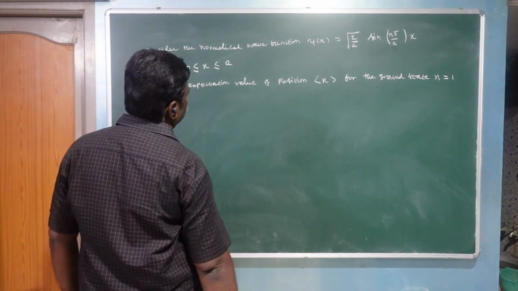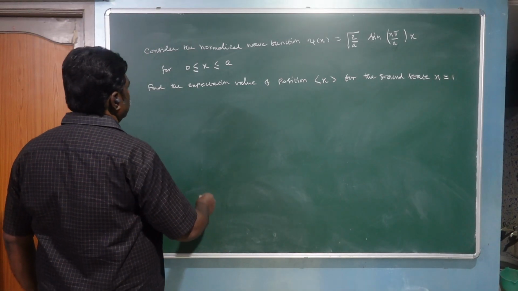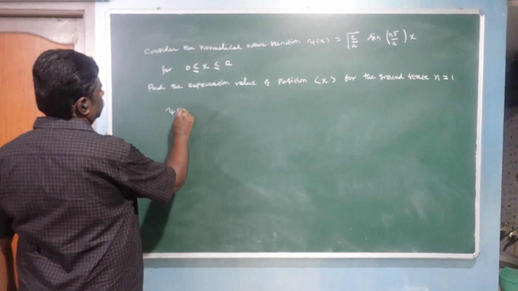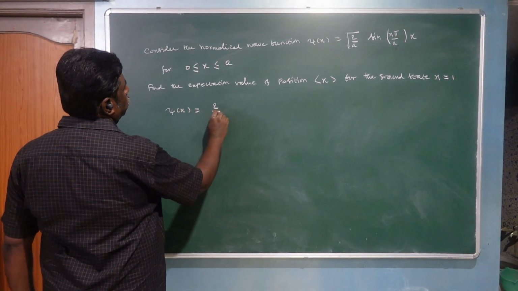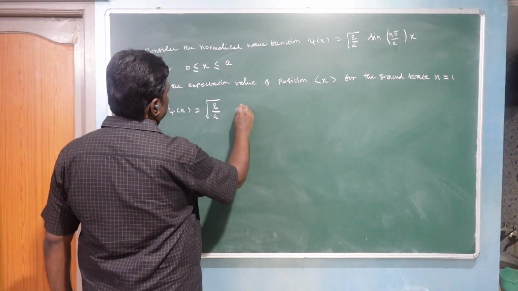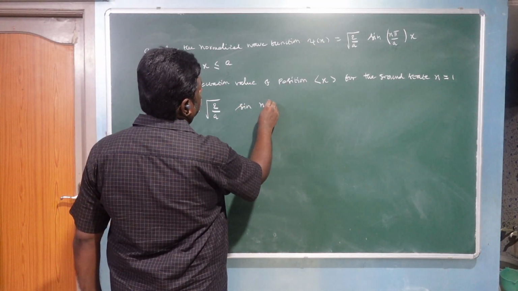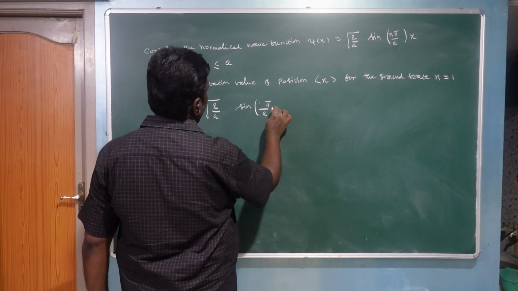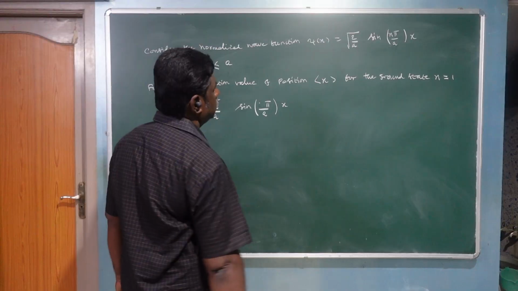ψ(x) is given to you. For the ground state n equal to 1, we may write ψ(x) equal to the square root of 2 divided by a, which is our normalization constant, times sin of n pi by a x. Here n is equal to 1, so pi by a into x.